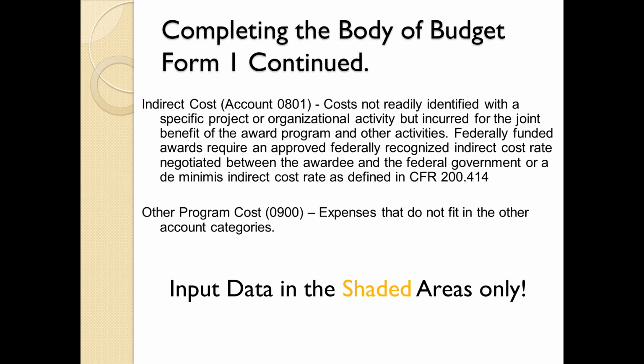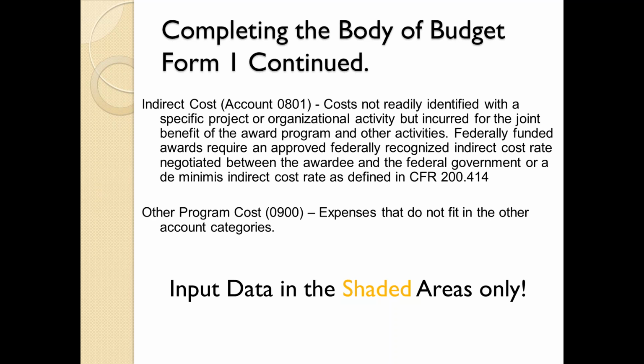If you do not have an approved indirect rate, then you're allowed to budget the de minimis rate. However, if budgeting the de minimis rate, then you have to prepare a letter that says you have not applied for an indirect rate, or that your indirect rate does not exceed the de minimis rate of 10%.